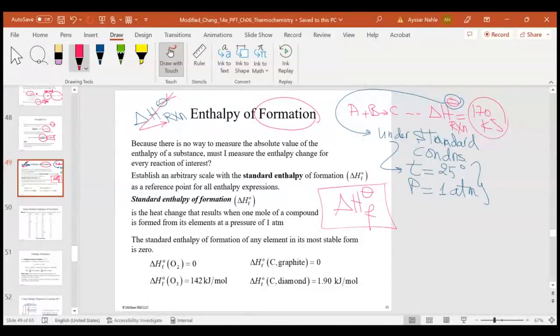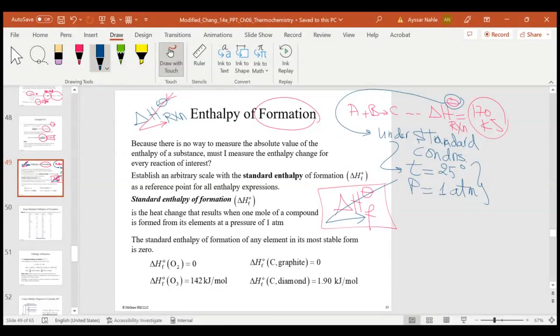Again, we read it as follows: standard enthalpy change of formation. Delta H not formation means formation of a certain compound under standard condition.